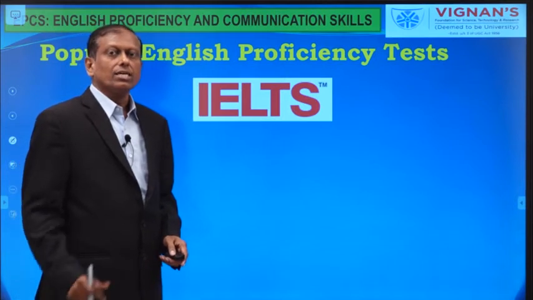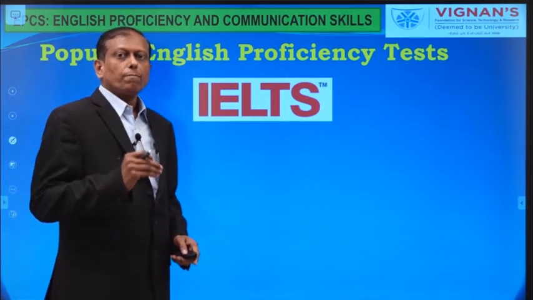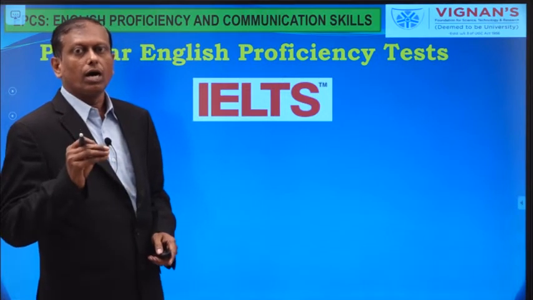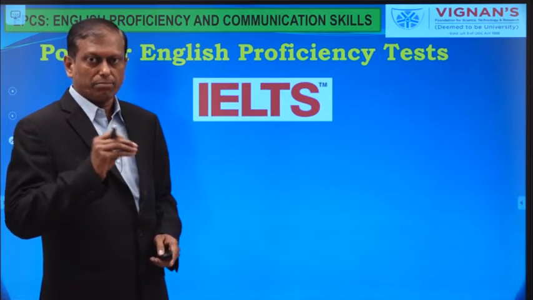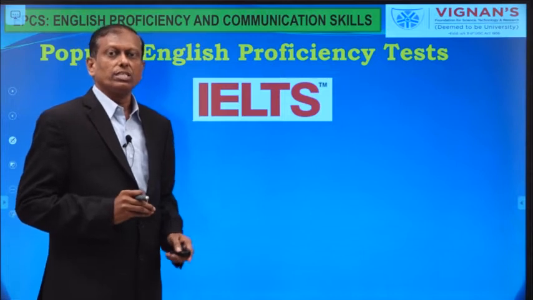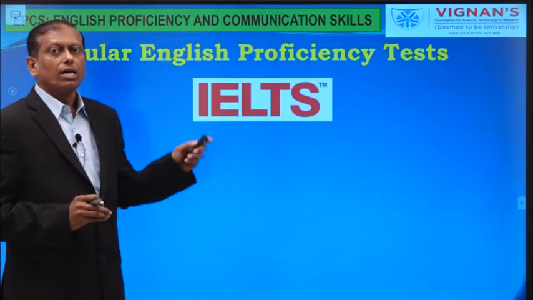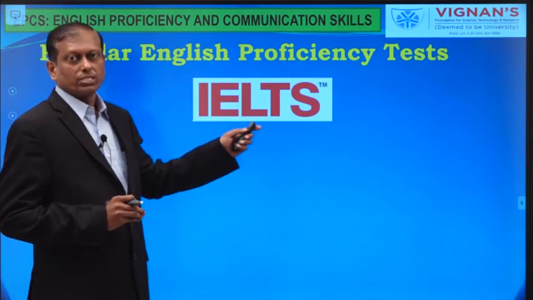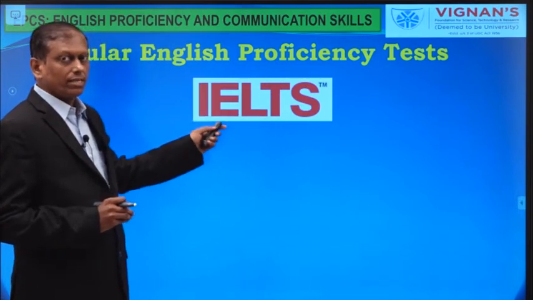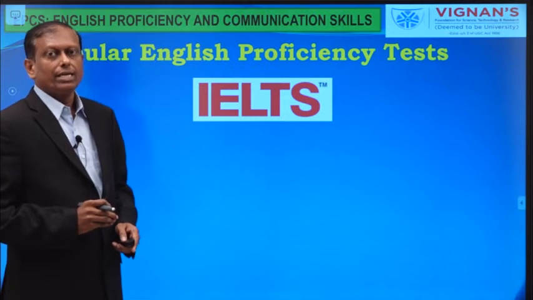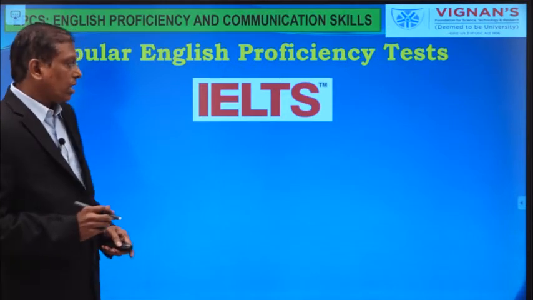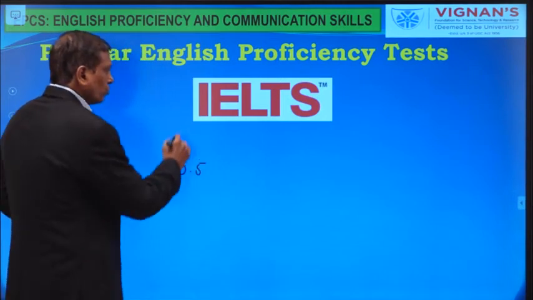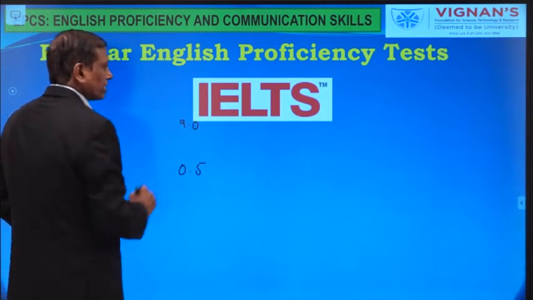This is a test conducted for the immigrants, those who come for the job or for residence or for admission in the universities of Europe, America, Australia, Canada. All the students or all the people need to take this test. And the test scores are from 0.5 to 9 band.